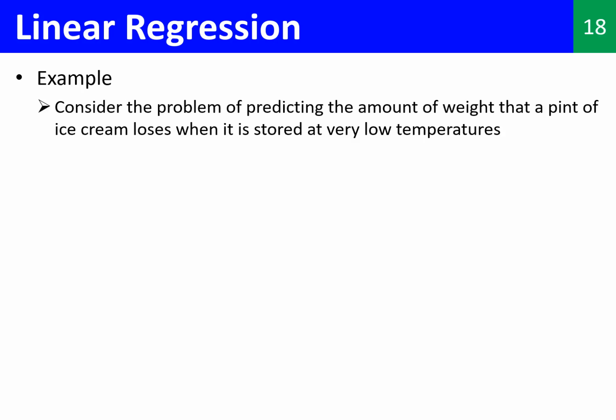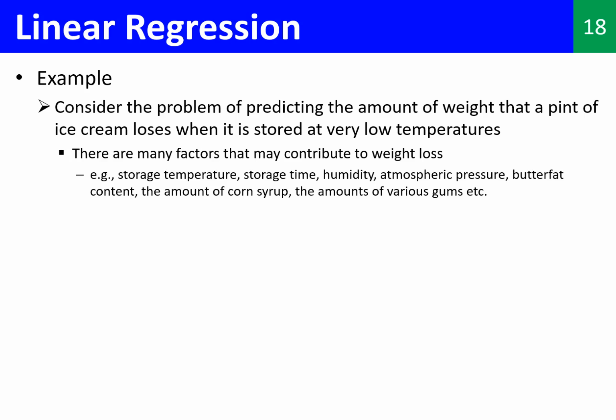For example, let's say a pint of ice cream loses its weight when it is stored at very low temperatures due to various reasons. So these parameters can range from storage temperature, the storage time, humidity, pressure, and so forth. Okay.